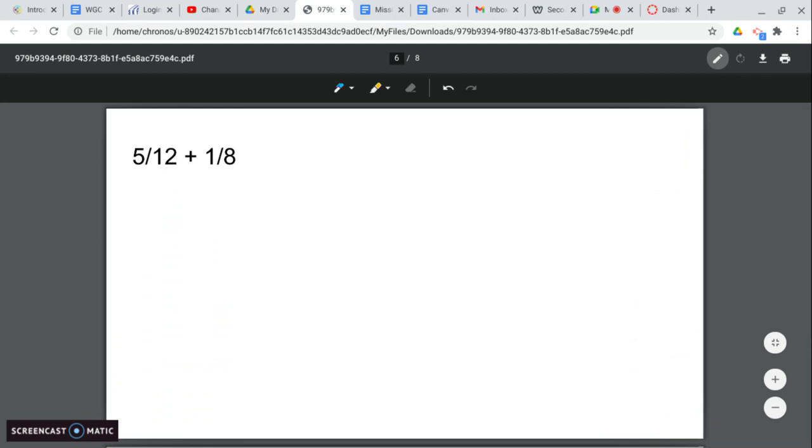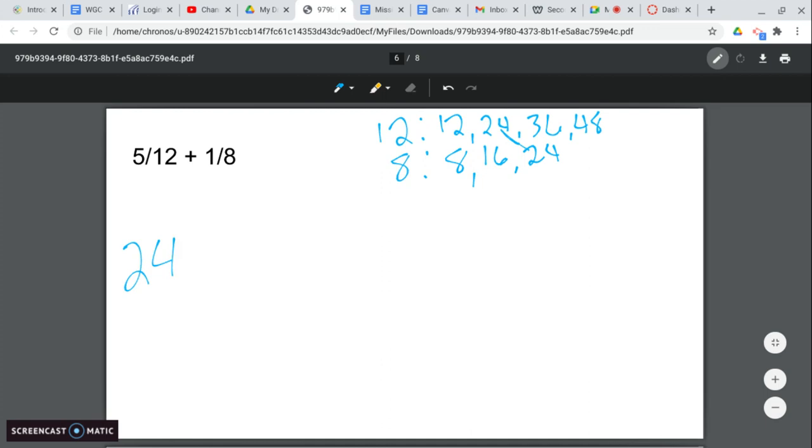All right, here we have 5/12 and 1/8. So 12, we've got 12, 24, 36, 48. 8, we have 8, 16, 24. 24 is our common denominator.